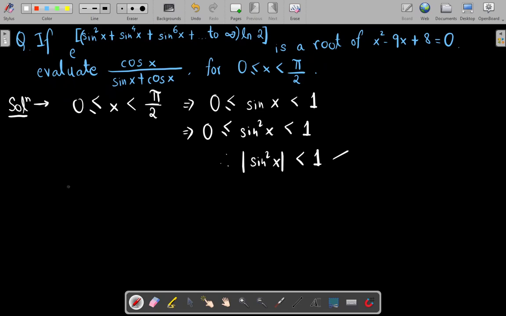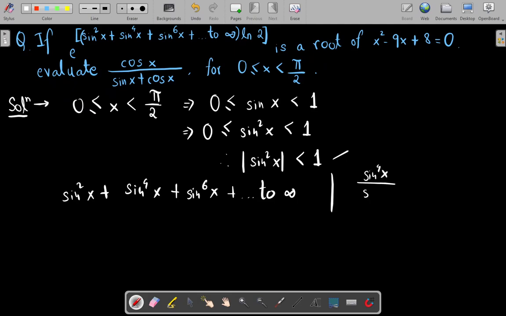series. The series given is sin square x plus sin to the power 4x plus sin to the power 6x, to infinity. This is a GP series because if we divide the second term, sin to the power 4x, by sin square x, we get sin square x.